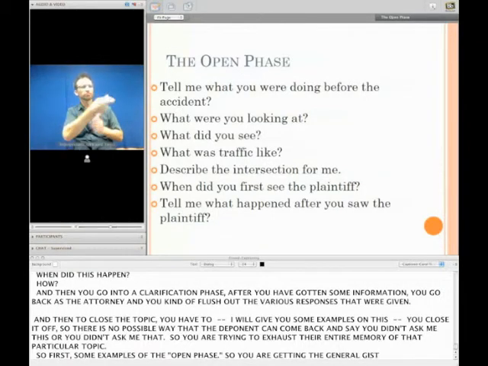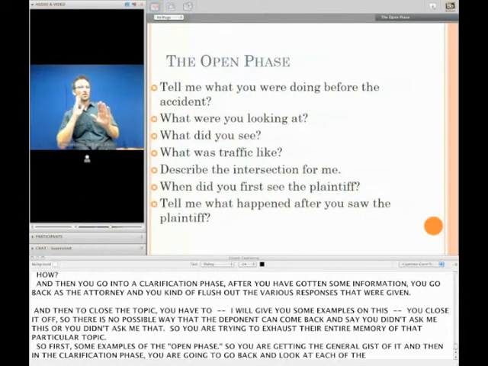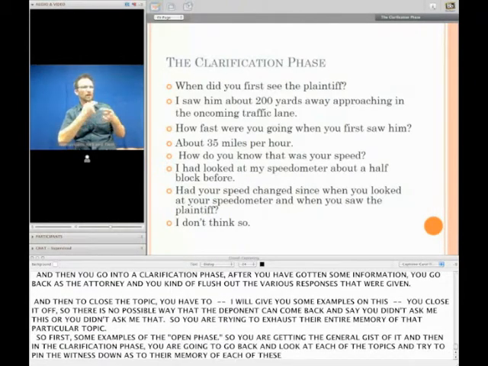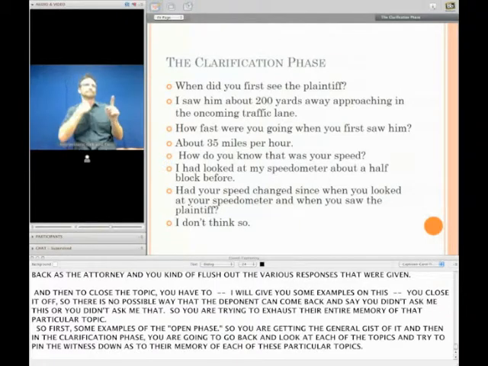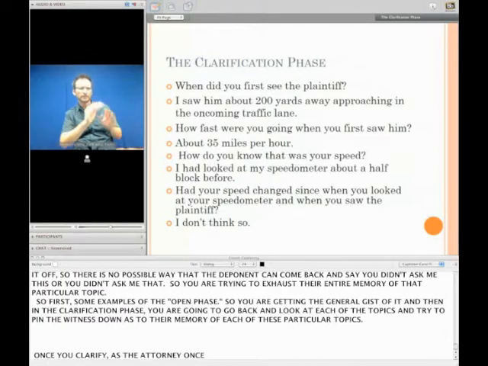In the clarification phase, I'm going to go back and look at each of the topics and try to pin the witness down as to their memory of each of these particular topics. Once you've clarified the various issues in that particular topic, then you want to close off.